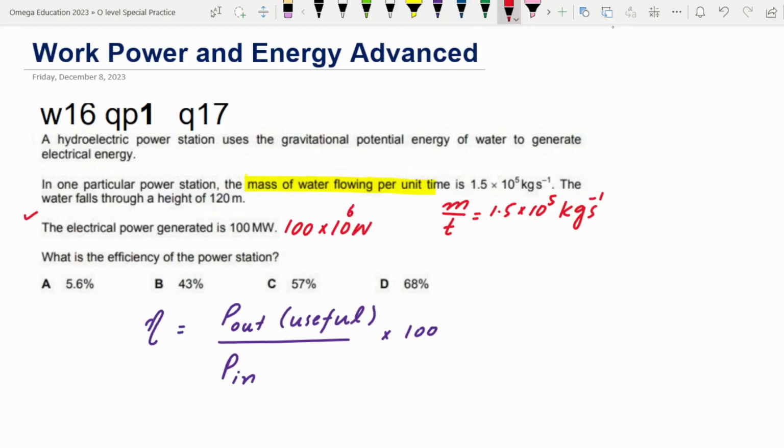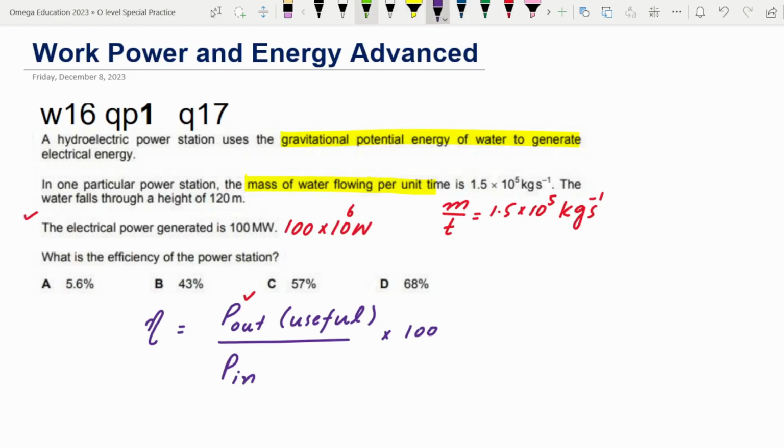Now the question is, is this the output power or the input power for the generator? Output power. So what do we need to find? We do have the value of the useful output power, which is the electrical power. We need to find the value of the input power. We're using the gravitational potential energy of the water.